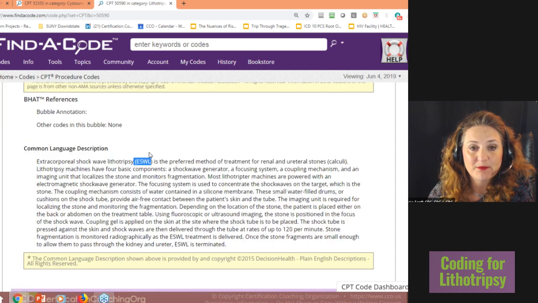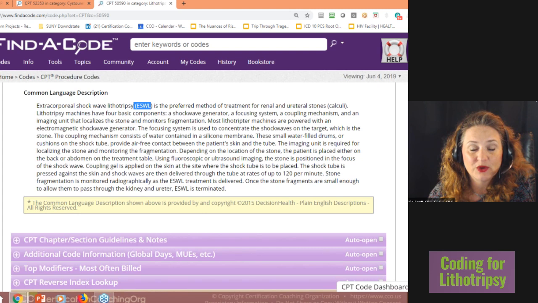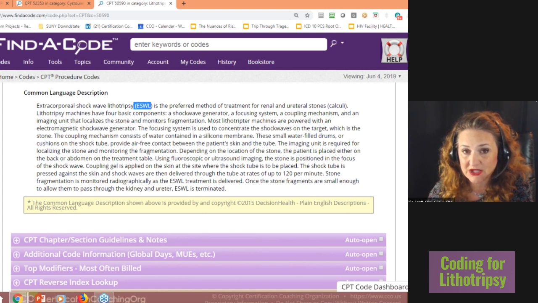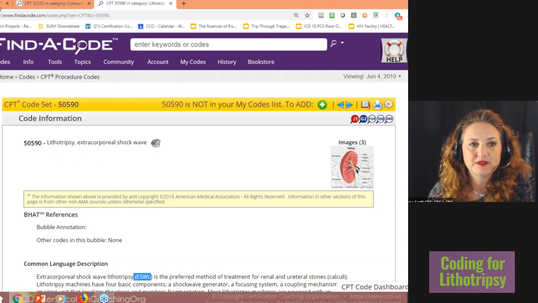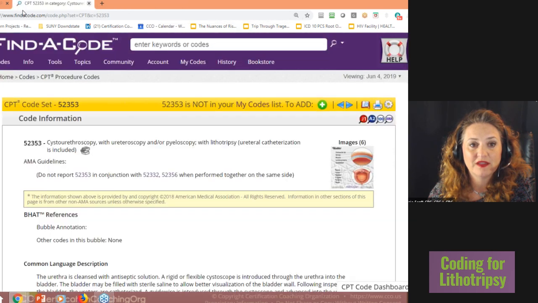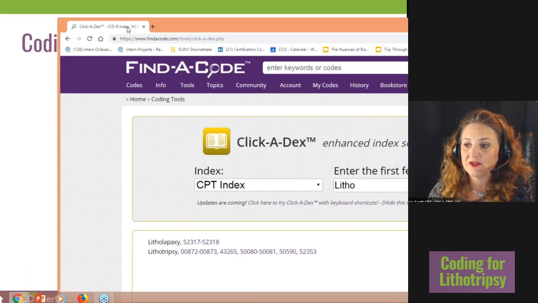That means from the outside of the body, they are doing a shock wave. That's pertinent when we get into cardiovascular lithotripsy, right? So remember that. All right, now what I want to do is get rid of these. I'm going to just put this over here to the side.